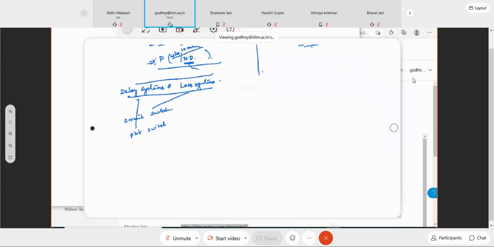So, what's the difference between circuit switching and packet switching? In circuit switching, there is a dedicated link, and in packet switching, there are smaller data units without any dedicated link.